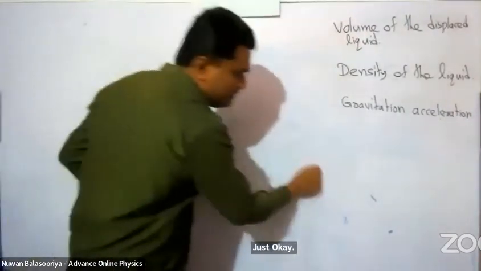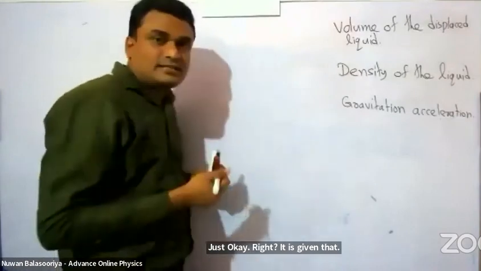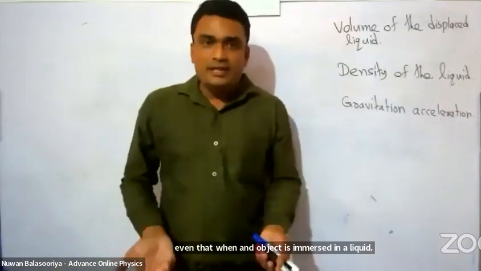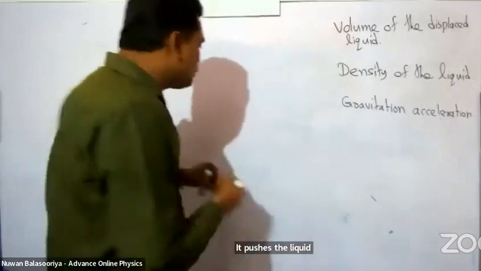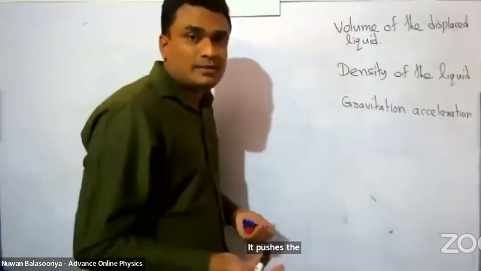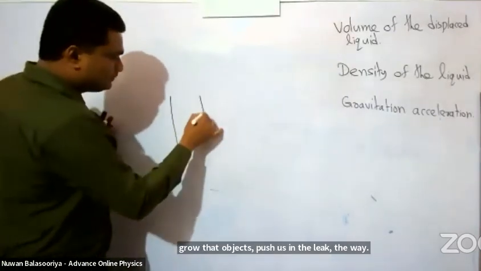Right. It is given that when an object is immersed in a liquid, it pushes the liquid away. We know it. How to prove it? How to prove that objects push the liquids away? Look at board. Let's say there is a vessel like this.